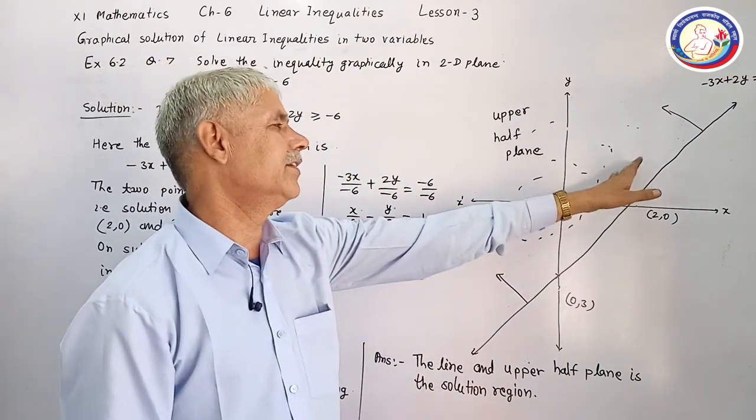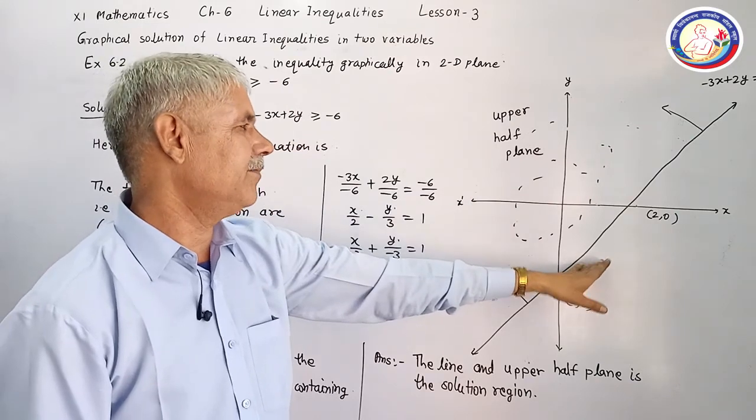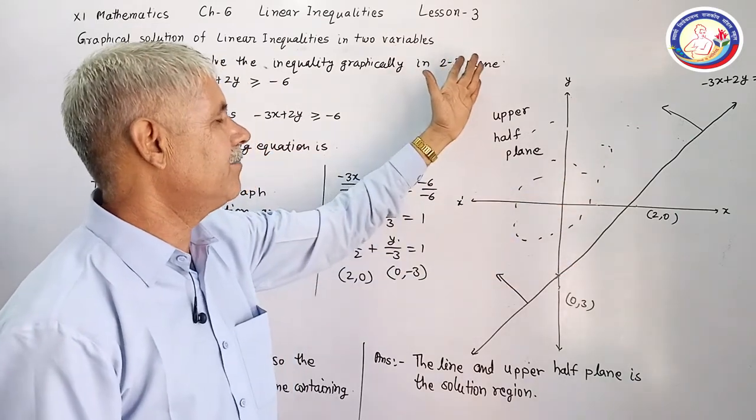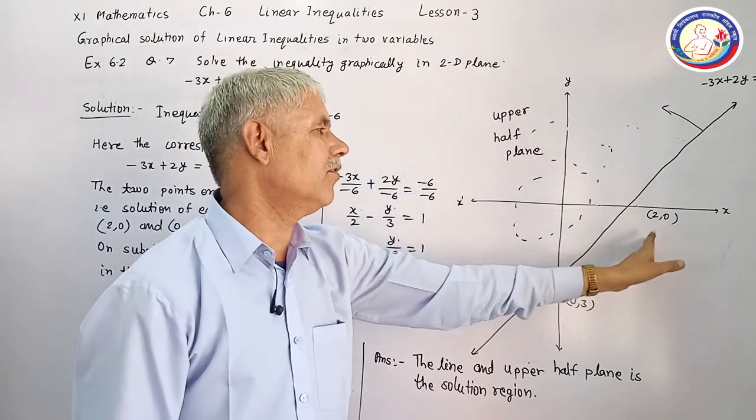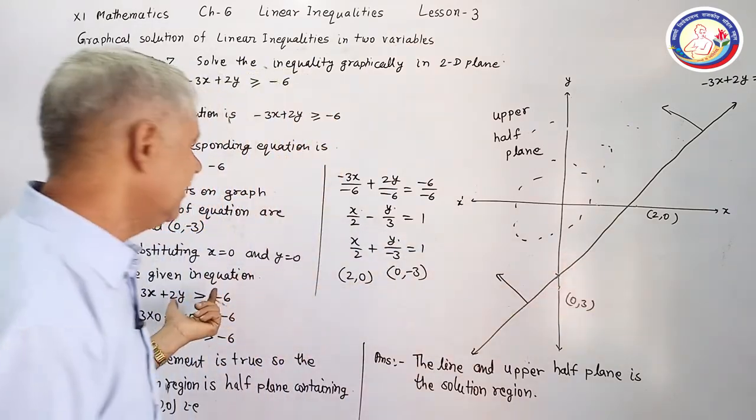Here you can shade it, the line itself and the upper half plane. For the lower half plane, this statement will be false.